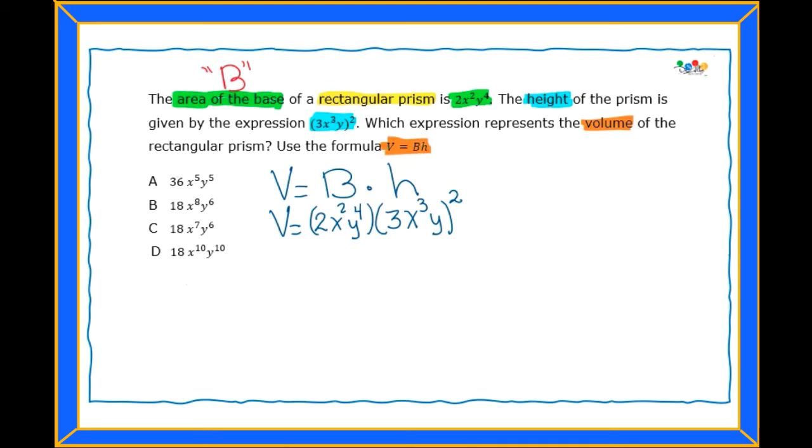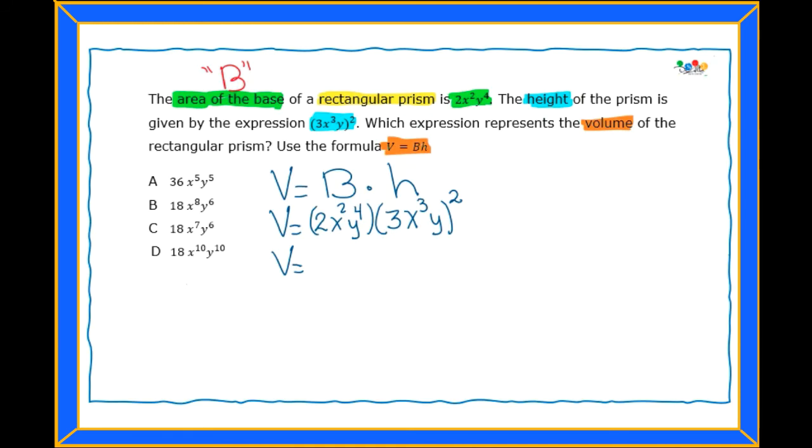So I'm replacing the base, capital B, which is the area of the base, times the height. Now, before I go on, I want you to realize that there's a problem: the height has a power to a power. So we're going to be very careful with that.